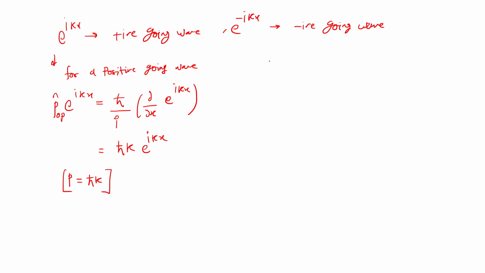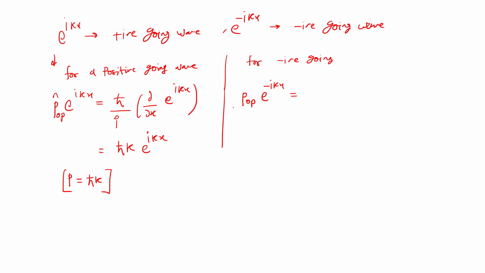But for negative going wave, what will we get? If you apply the P operator on exponential of minus iota kx, that turns out to be again h cut over iota, del over del x, exponential of minus iota kx this time.